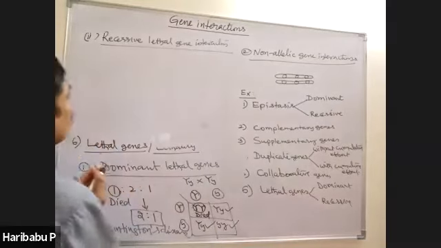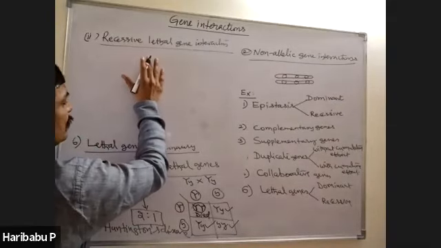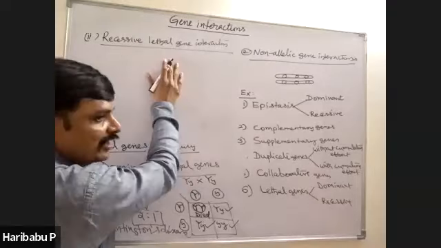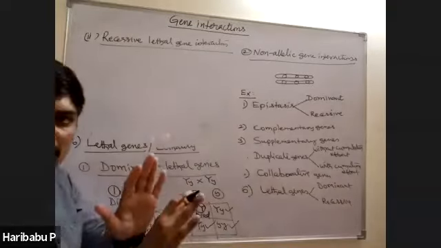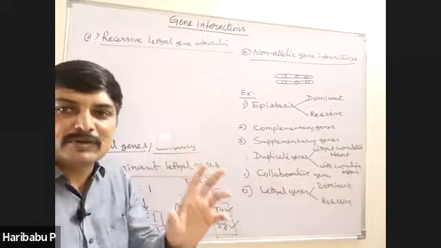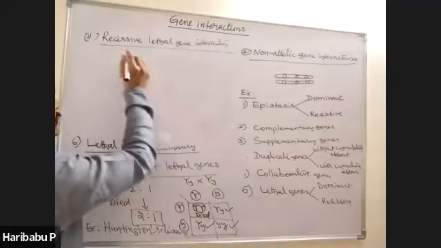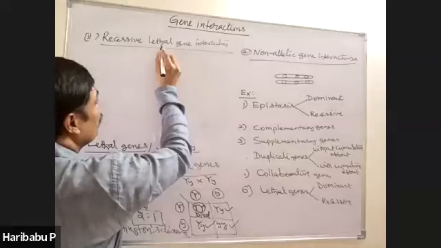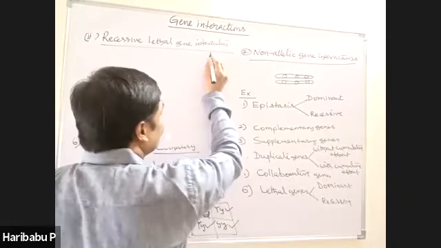Here, when the genes are present in homozygous recessive condition, the organism cannot survive. Such gene interaction is called recessive lethal gene interaction.